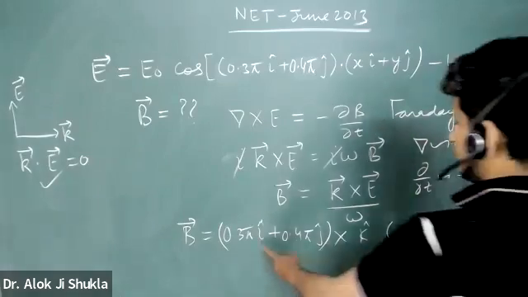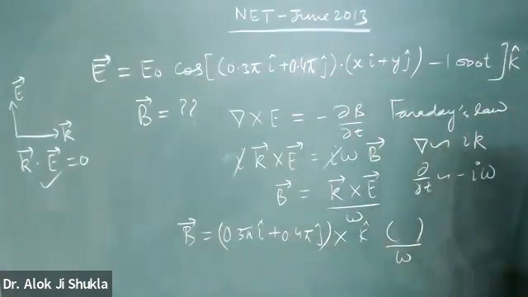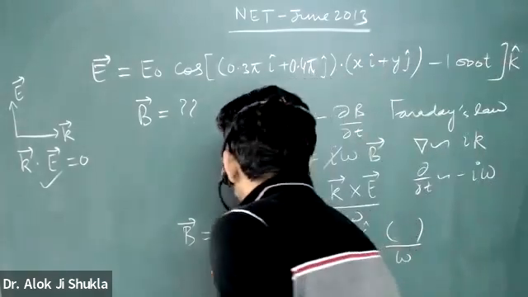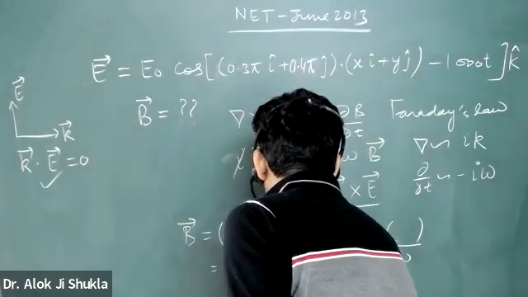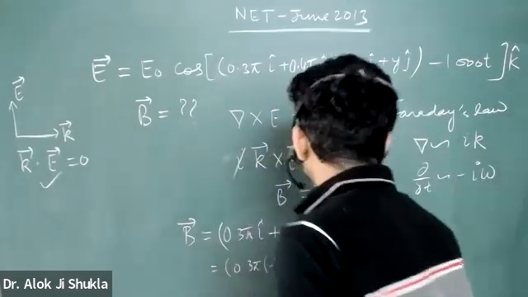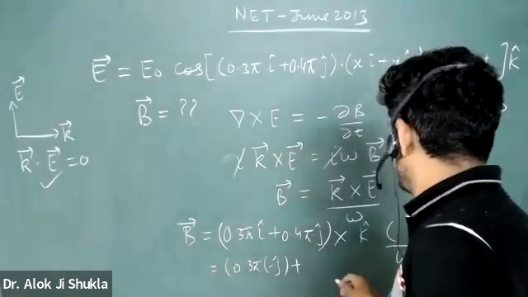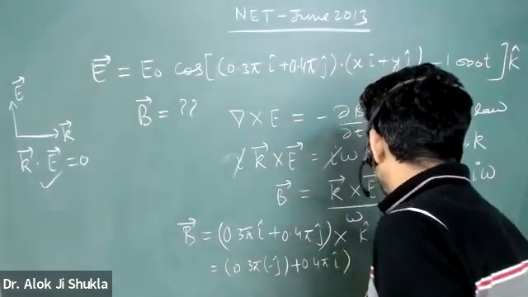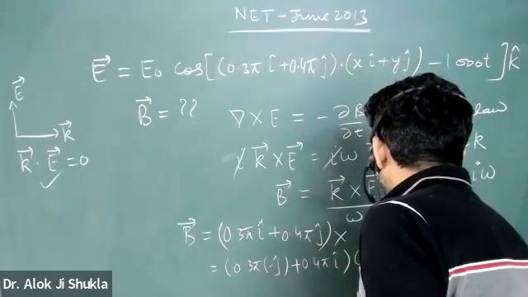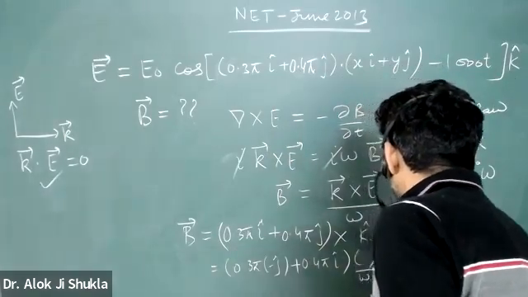So I cross K will give you minus J. So this will be 0.3 pi minus j cap plus j cross k, 0.4 pi i cap, into electric field upon omega. This is the profile.